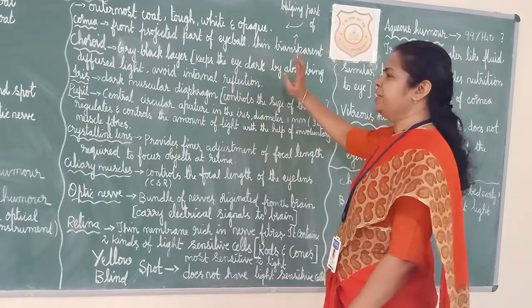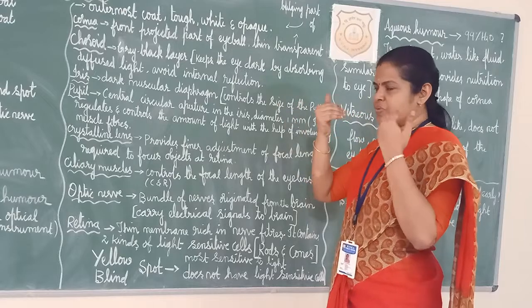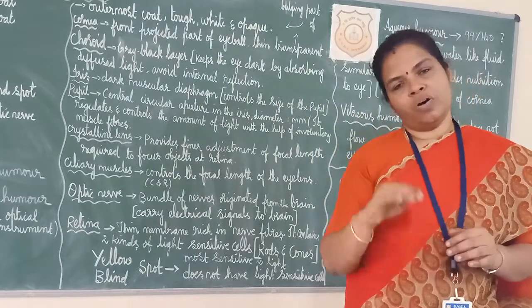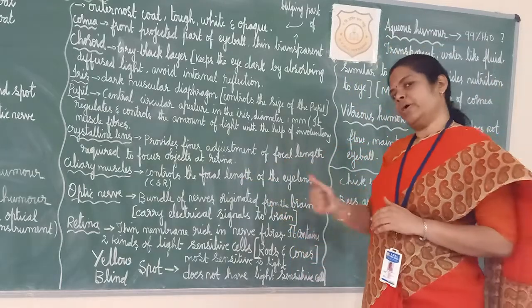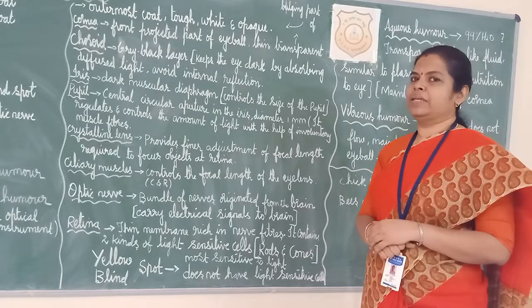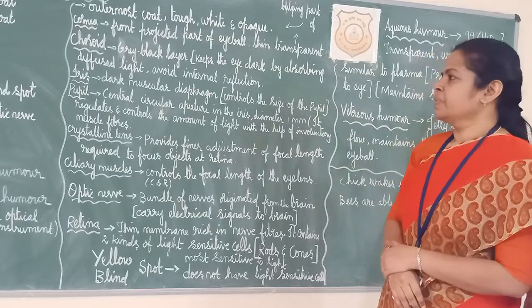It keeps the eye dark. Why should it be kept dark? The light rays which are coming inside, internal reflection takes place. To avoid that internal reflection, this coat, which coat? Choroid coat is in which color? It is greyish black in color. Okay? So white, then black.